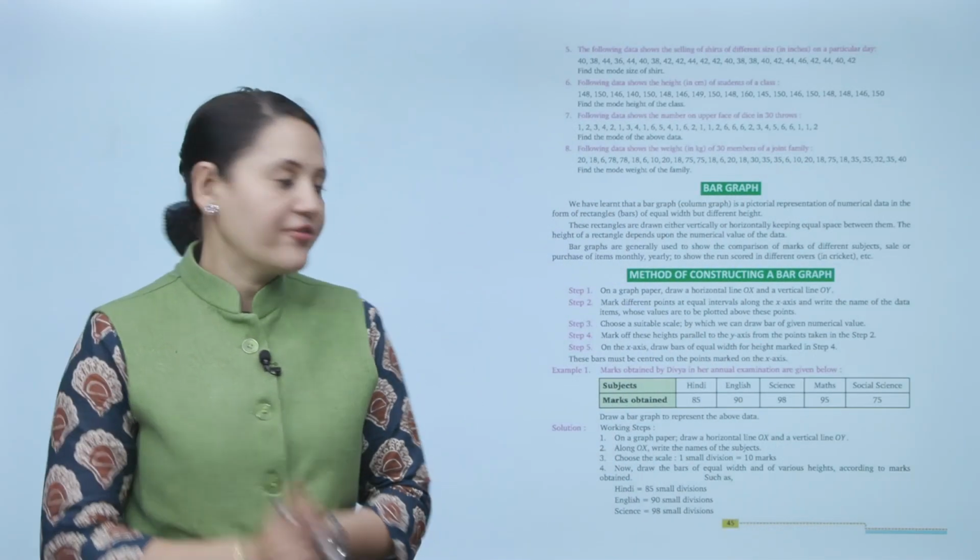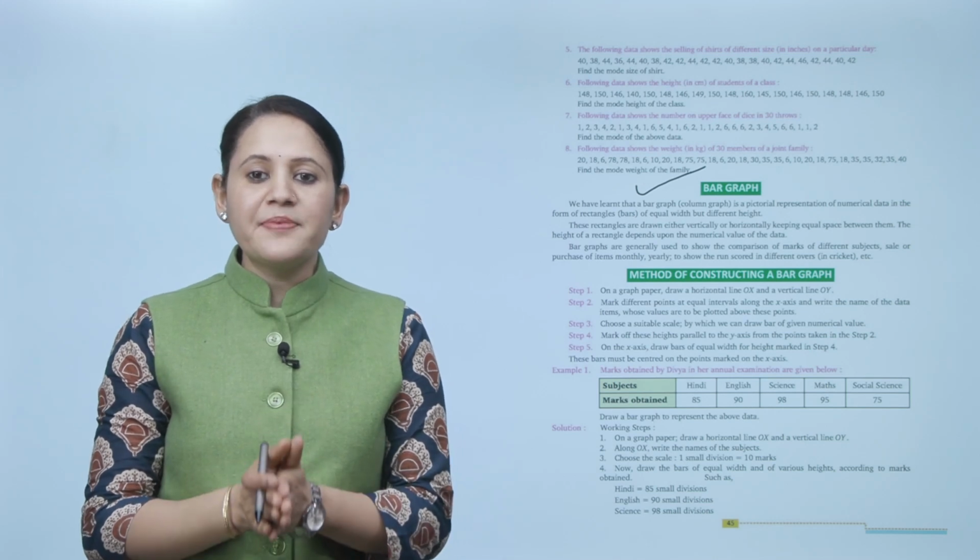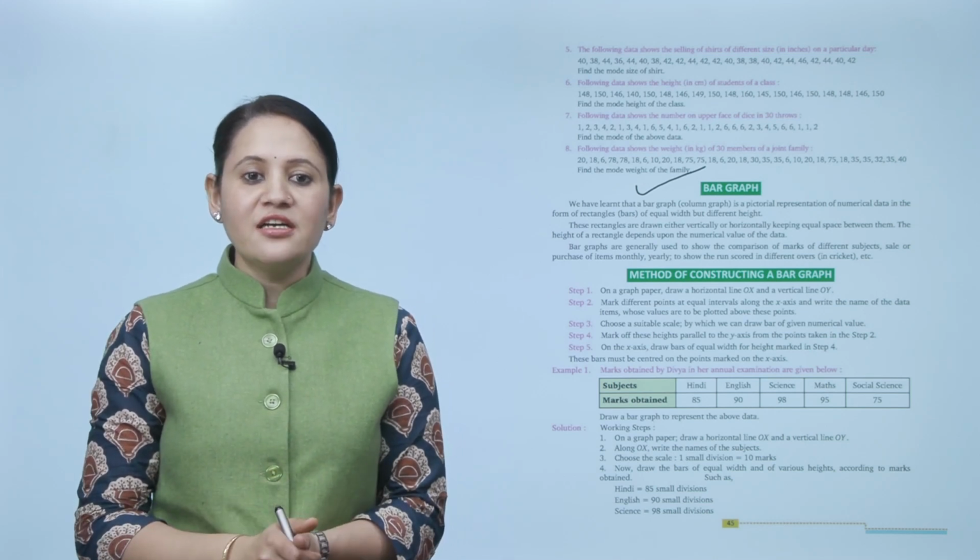Next is the bar graph. We have learned that the bar graph or column graph is a pictorial representation of numerical data in the form of rectangular bars of equal width but different height. These rectangles are drawn either vertically or horizontally, keeping equal space between them.